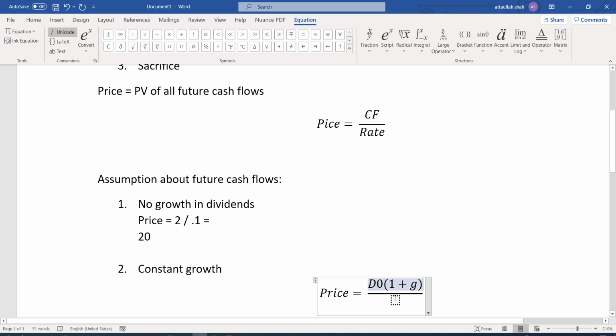And we also adjust the discount rate by subtracting the growth rate from it.